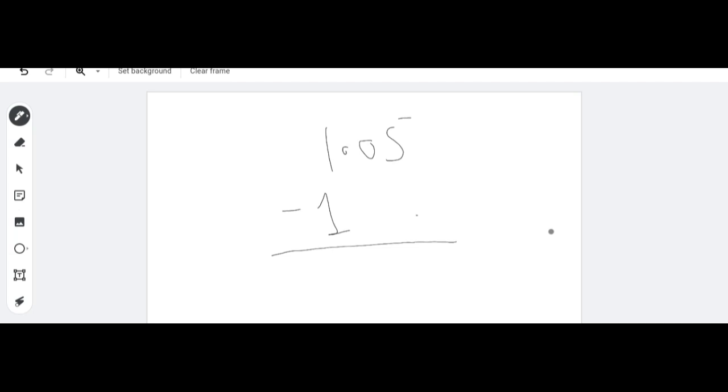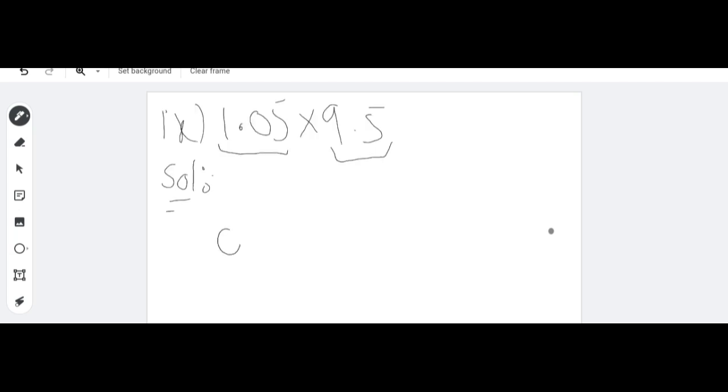These are exactly the same number. So by subtracting them, what is the answer? 0.05. So for the first digit I got 0.05 by subtracting with which number? 1.